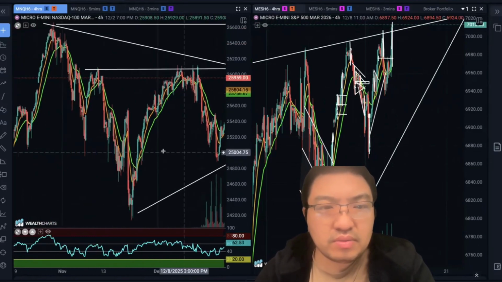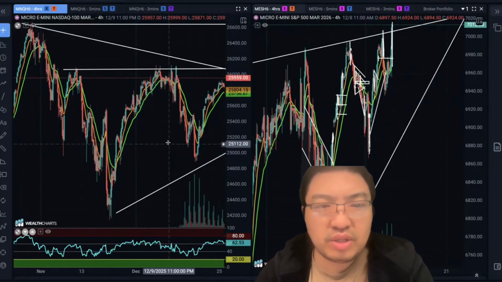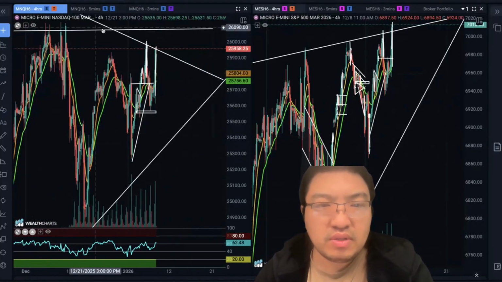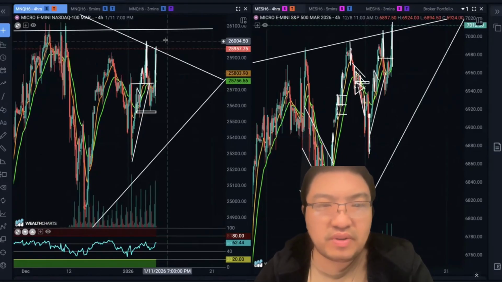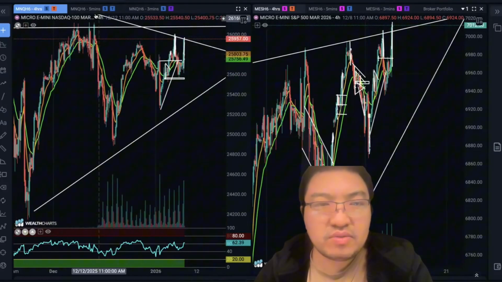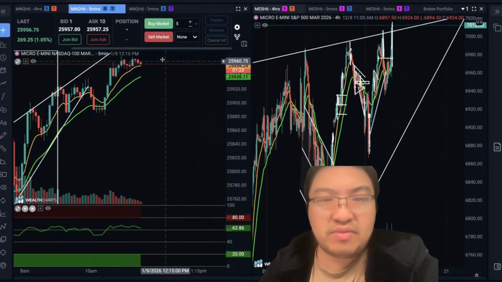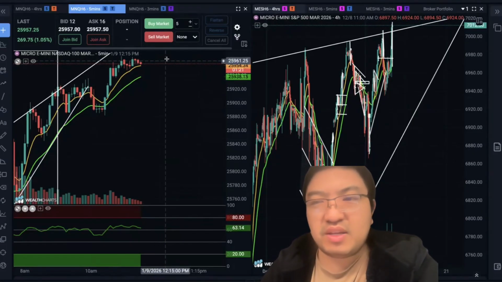NQ is here, it does not even reach here. Yes, it has already reached here. So this is the flag, it does not even reach this flag. And this is the boundary, the trend line for NQ. So both reach some resistance level on a bigger time frame.